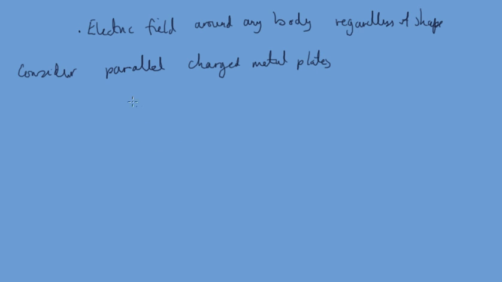So something like this. We've got a metal plate here, which is attached to the positive charge, and a metal plate here which is negatively charged. So this down here is all positive, and here is all negative.